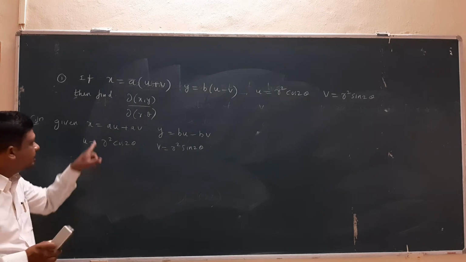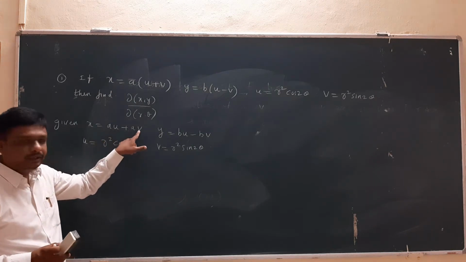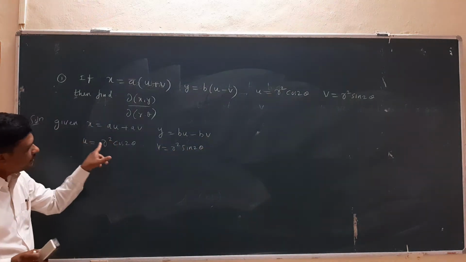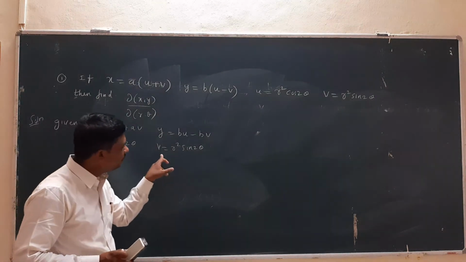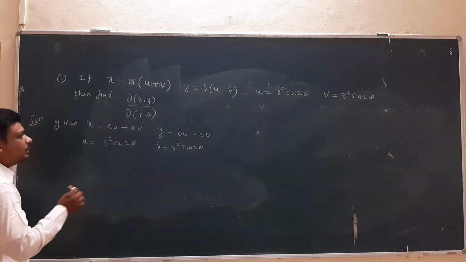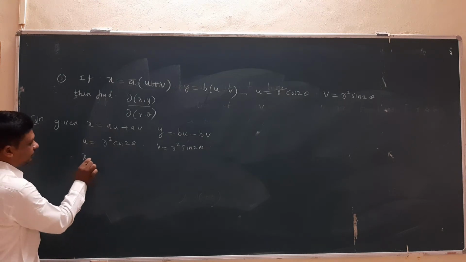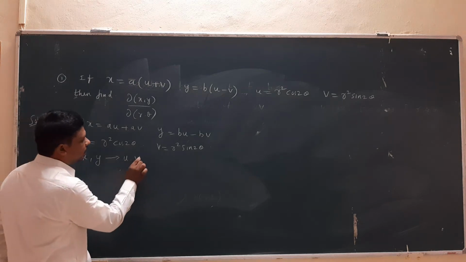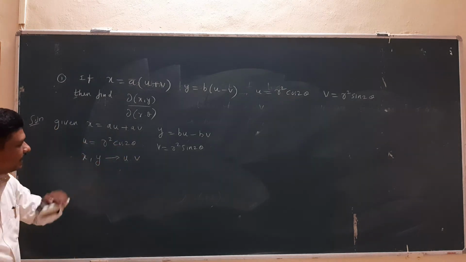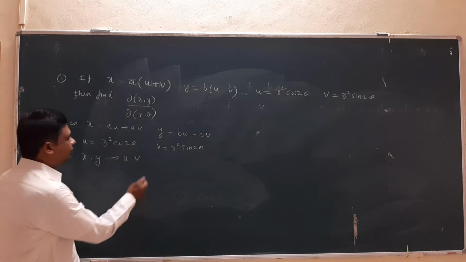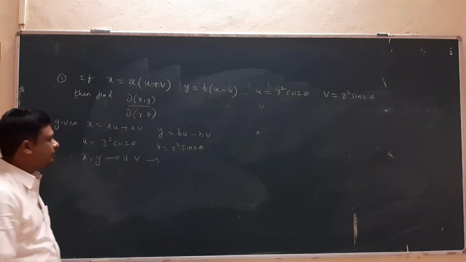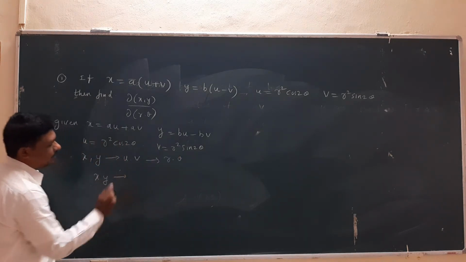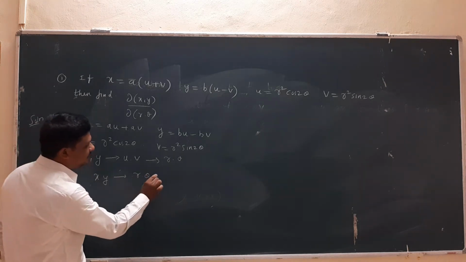Here we can see x is a function of u and v, and y is also a function of u and v, and u is a function of r and theta, and v is also a function of r and theta. So first I will get the relation. x and y are both functions of u and v, and this u and v are functions of r and theta. So this implies x and y are functions of r and theta.